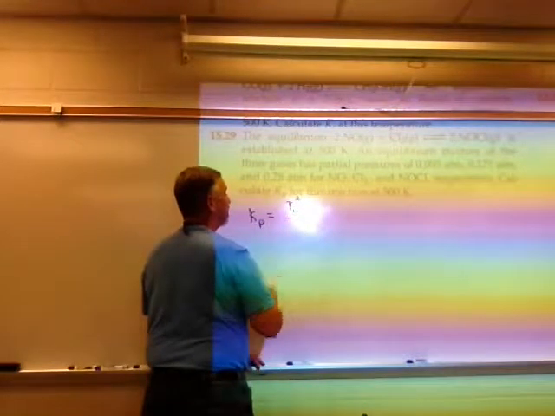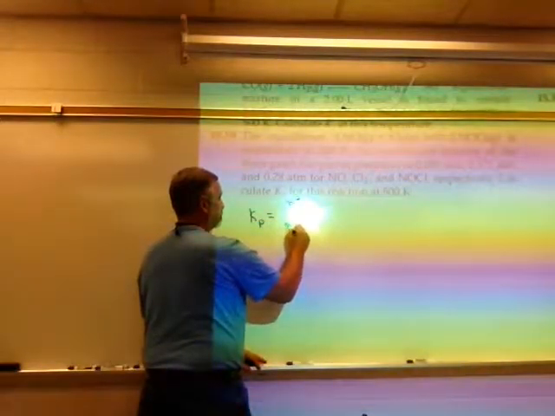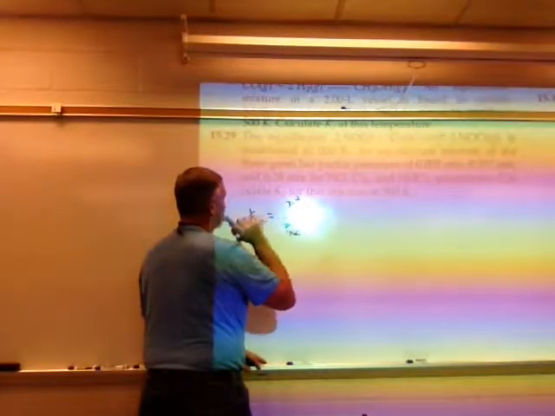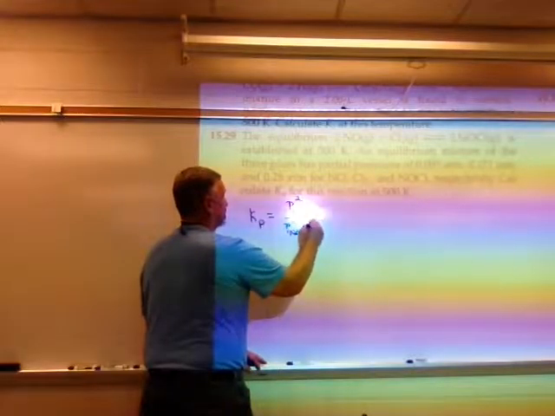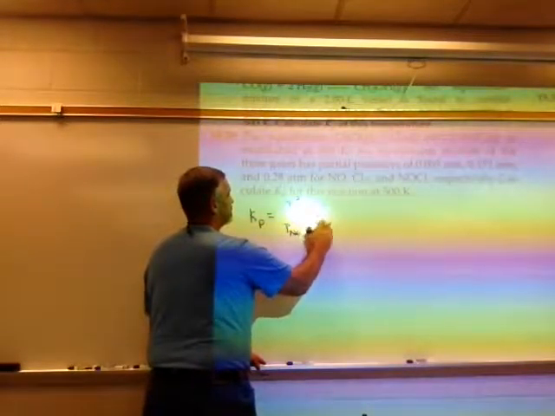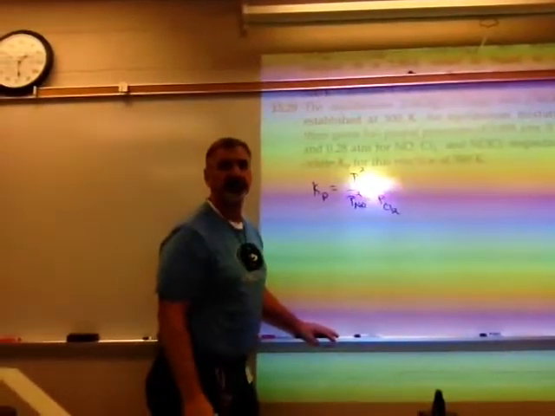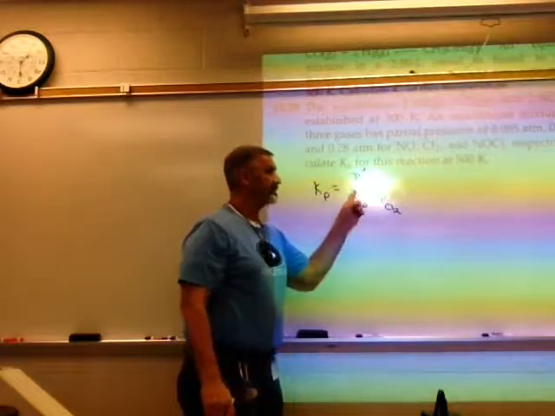P of NOCl squared divided by the pressure of NO squared, not plus, times the pressure of Cl2. Not squared, just Cl2. Okay, so we're using the coefficients raised to powers.